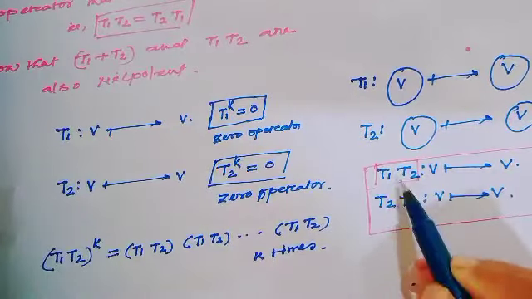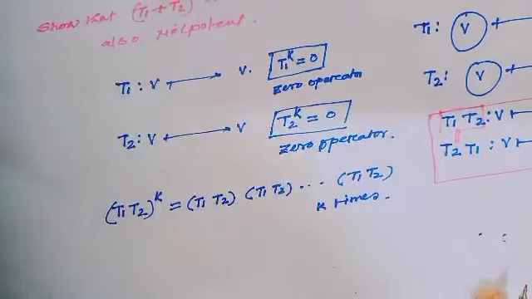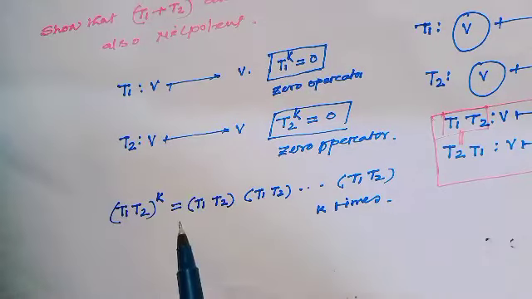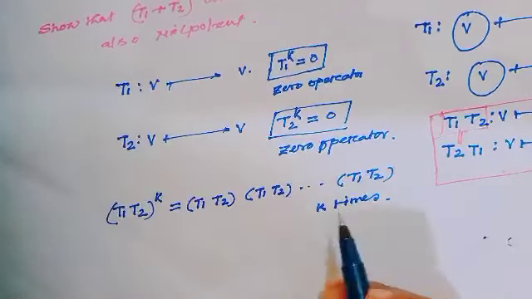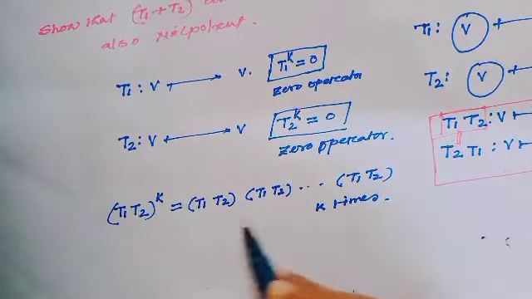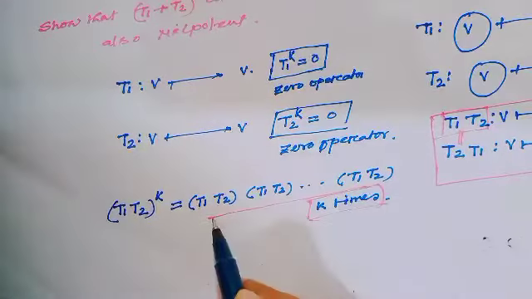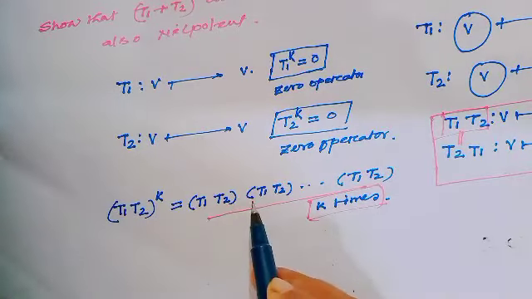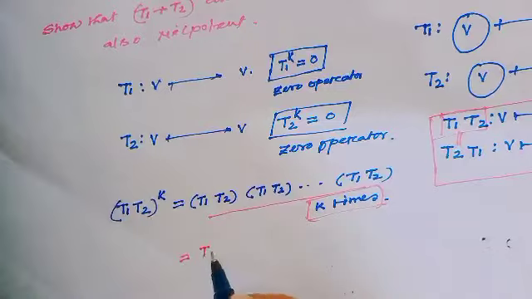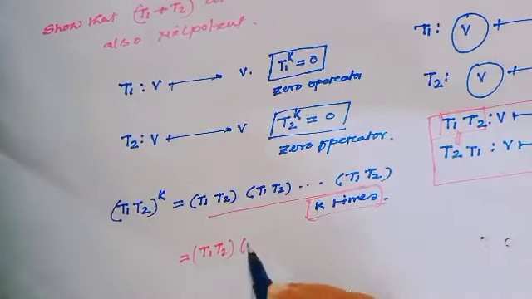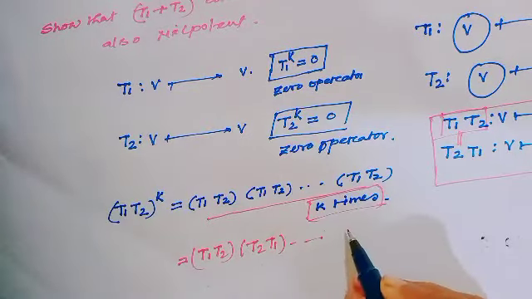That means here their product T1 T2 is from vector space to itself, and since they both commute, this is equal to, we can write, T2 T1 from vector space to itself, and T1 T2 to the power k equal to, actually we can write T1 T2 times T1 T2 up to T1 T2, k times. And since T1 T2 equal to T2 T1, we can interchange this.